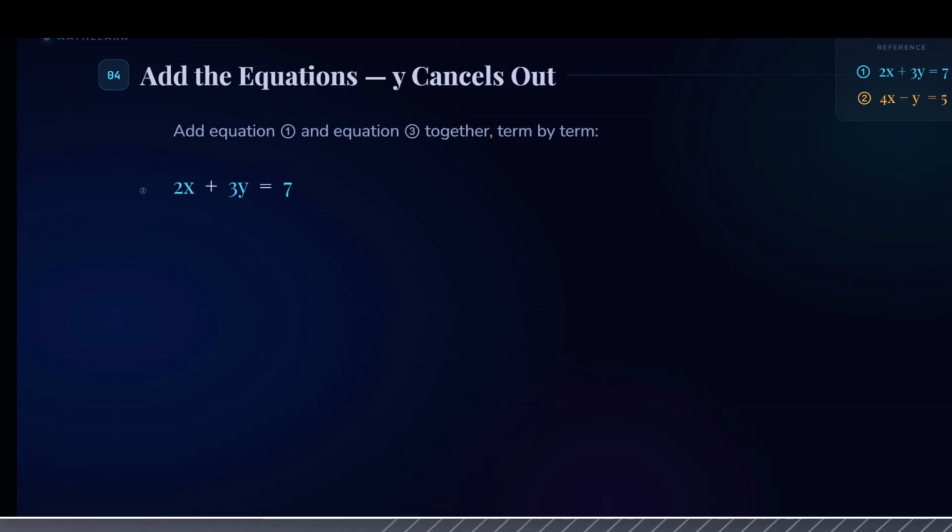Equation 1, 2x plus 3y equals 7. Equation 3, 12x minus 3y equals 15. We draw a line and add them together.